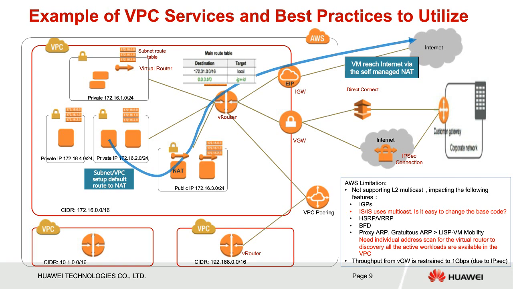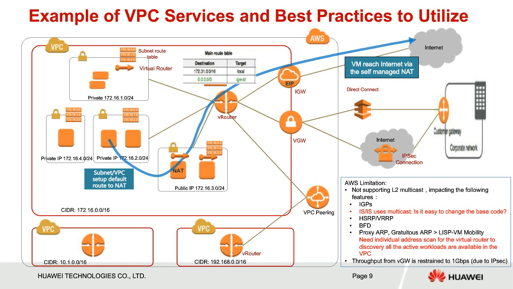The third option, probably the most secure but most expensive, is Direct Connect. You can put your own router in a co-location facility with AWS, and purchase, for example from Equinix, a direct connect to their gateway. With that, you don't have to add another layer of IPsec. That's just an example using AWS.